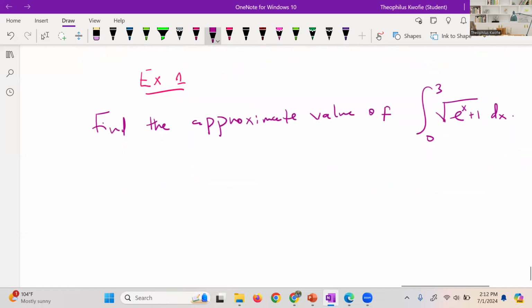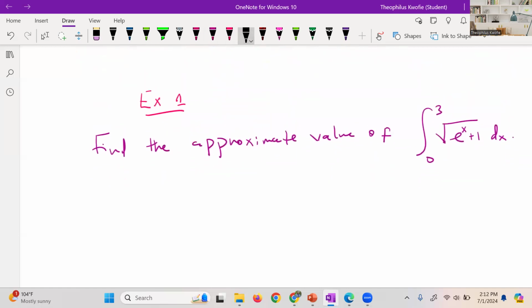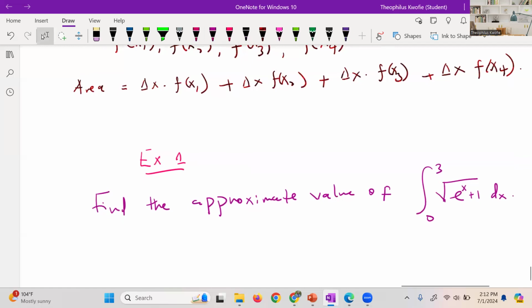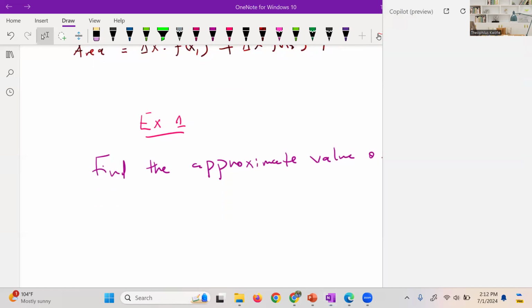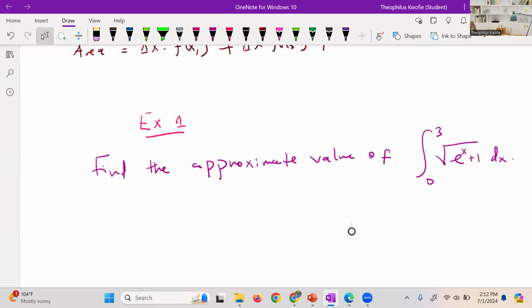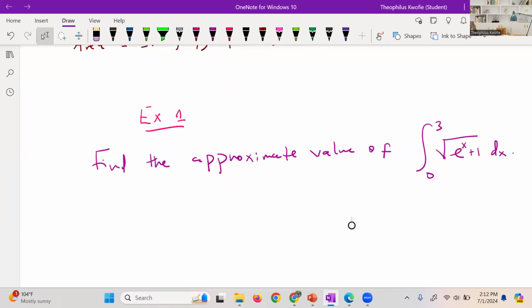What it basically means is that this particular integral may be very difficult, it may be very difficult to find its antiderivative. So we have to resort to a very powerful tool which we call numerical integration. So how do we do that? By using the Riemann sums, we kind of have to look at the whole concept and see how best we can use that to solve this particular problem.